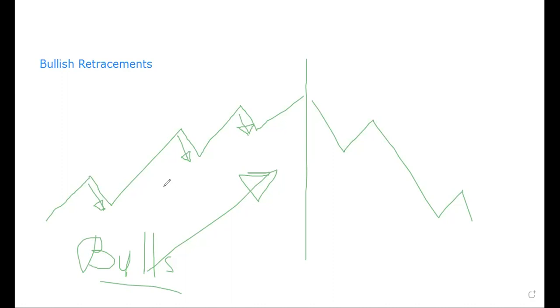So having said that, there are strategies that are built solely on understanding the interfacing between bullish momentums or bullish impulse moves. These upward moves are called the impulses of the market. They are called the bullish impulse. Whereas the downward moves are called the bullish retracements.